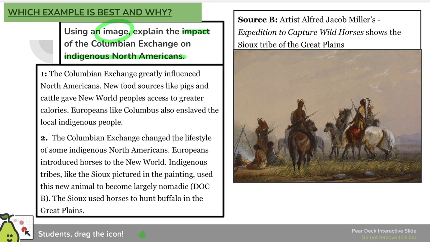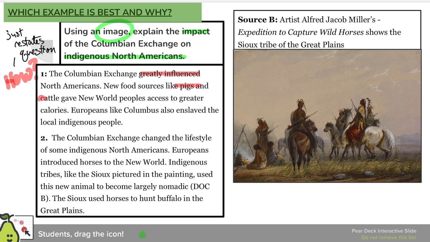So if we read number 1, the Columbian Exchange greatly influenced North Americans. This doesn't tell us how, it just says that it does. The question said, explain the impact of the Columbian Exchange. And you just restated the statement of it did impact the Native Americans. That's not answering the question of how did it impact? So this is just restating the question without answering it.